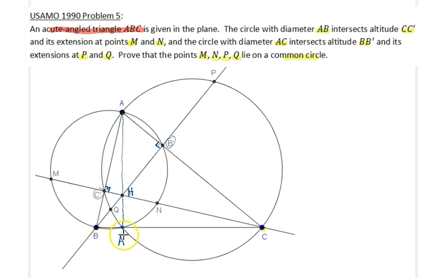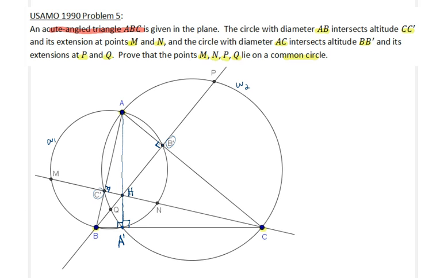So let's call the foot of our altitude here A prime. Why would that be? Because the foot of the altitude here, obviously we have a 90-degree angle on this side. It subtends the diameter. As a result, it must be on this small circle omega 1, and this angle AA prime C is also 90 degrees. As a result, it must lie on the big circle omega 2.